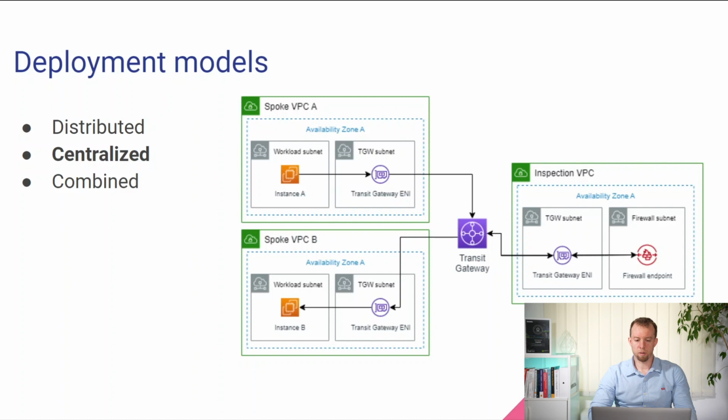In this deployment model, the inspection VPC has to have 2 subnets, one for the transit gateway and one for the network firewall. And then we can route the traffic that we want to protect through this VPC, through the transit gateway endpoint, through the network firewall.